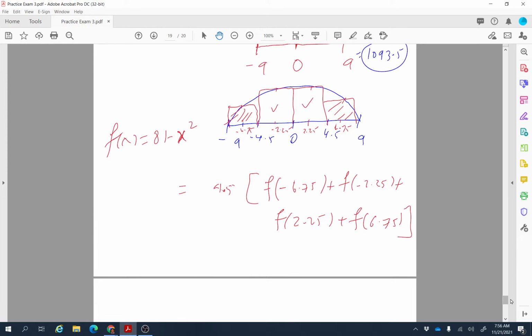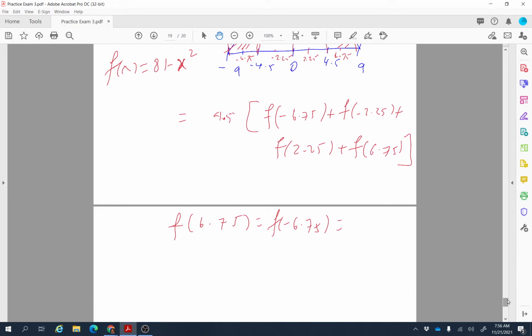So the value of the function at 6.75 or at negative 6.75, both of them will give you the same answer. Just calculate 81 minus 6.75 whole square. And similarly, the value of the function at 2.25 or negative 2.25 will again be the same thing.